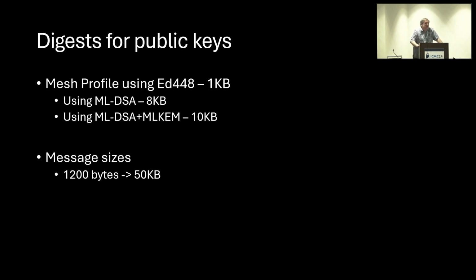As soon as I start putting in ML-KEM and ML-DSA, they go up to 10. And when I start to look at my message sizes, those exploded from 1,200 bytes, enough to get it into an Ethernet packet, and now they're 50 kilobytes. And that requires us to start to think and get creative. And getting creative is not what you want to do.